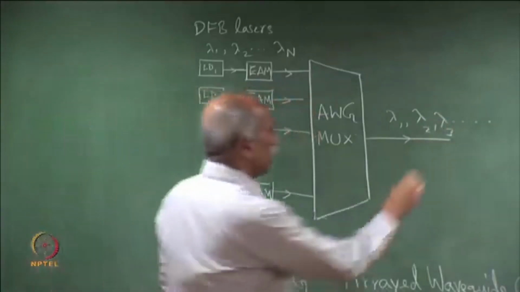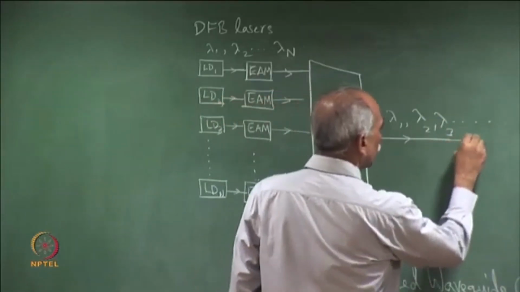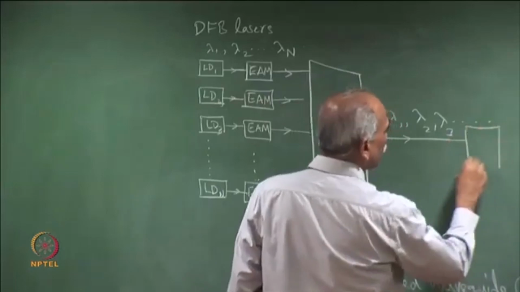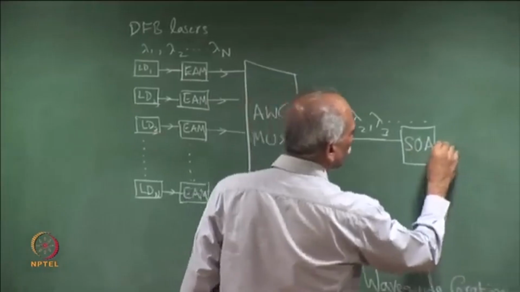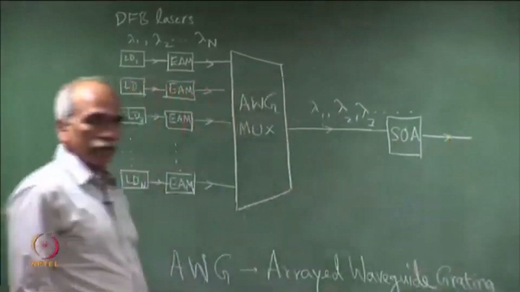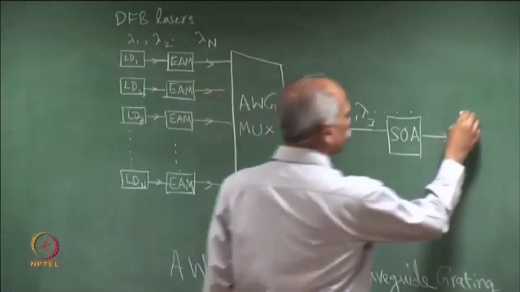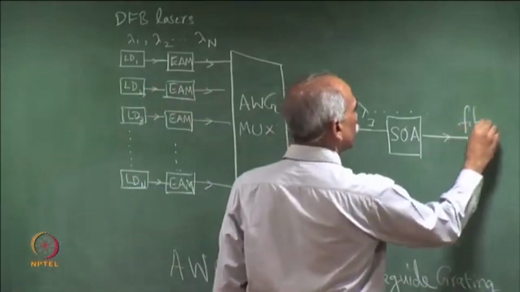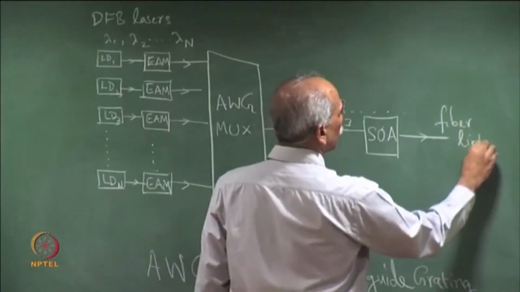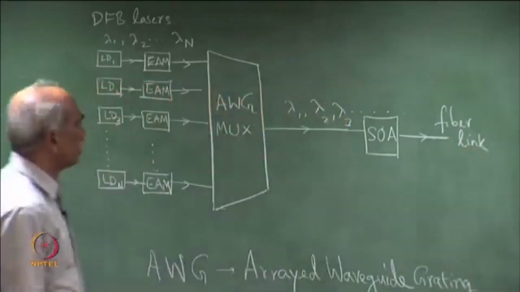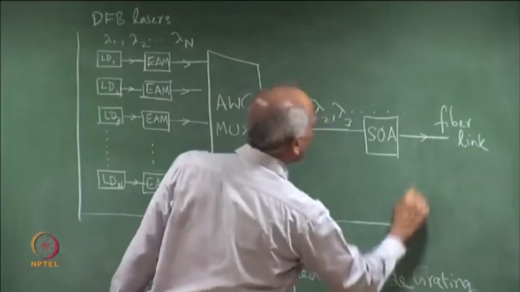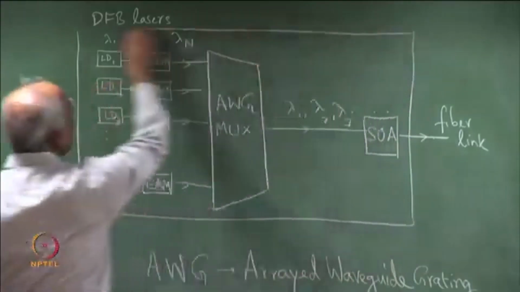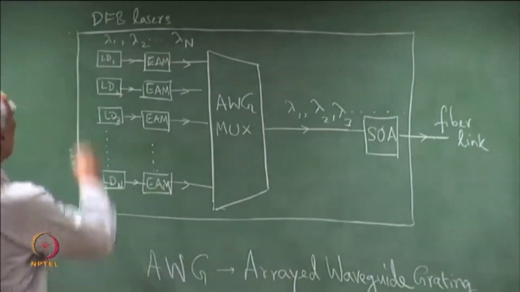There could also be an SOA here. So, there could be an SOA before it goes over to the transmission line, to the fiber link. So, this whole thing could be integrated, for example, on a single semiconductor chip, the whole thing.